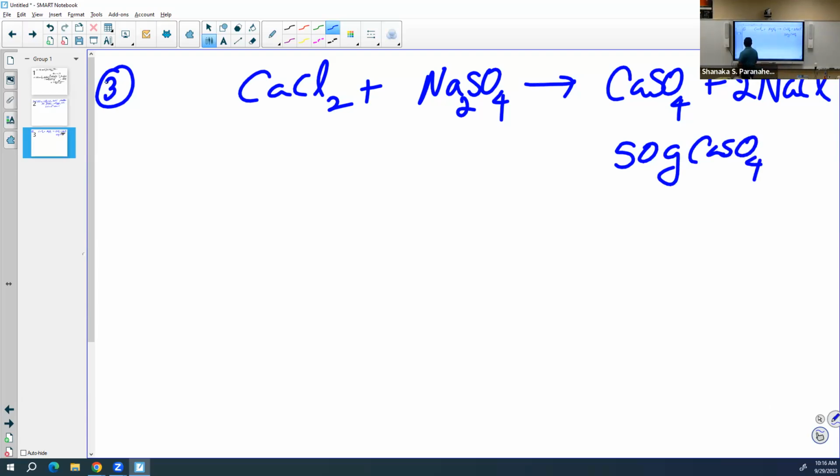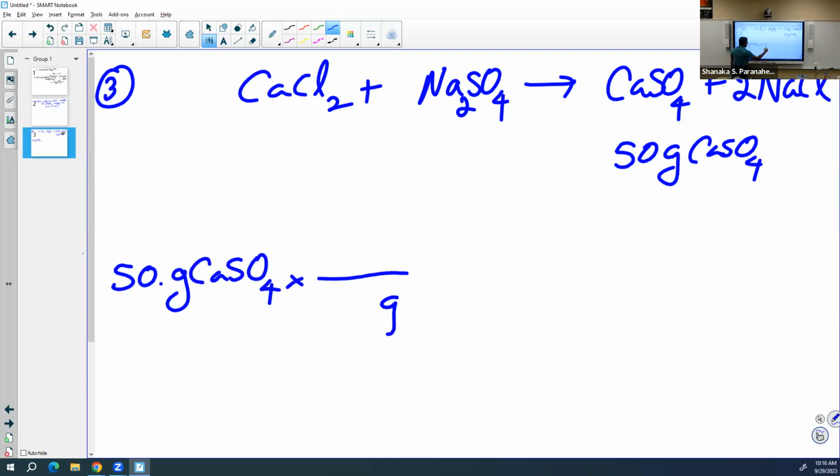Okay. So first we are going to convert 50 grams of calcium sulfate into moles. Grams of calcium sulfate, moles of calcium sulfate, 1 and molar mass is given in the question. So let's go to the question again.